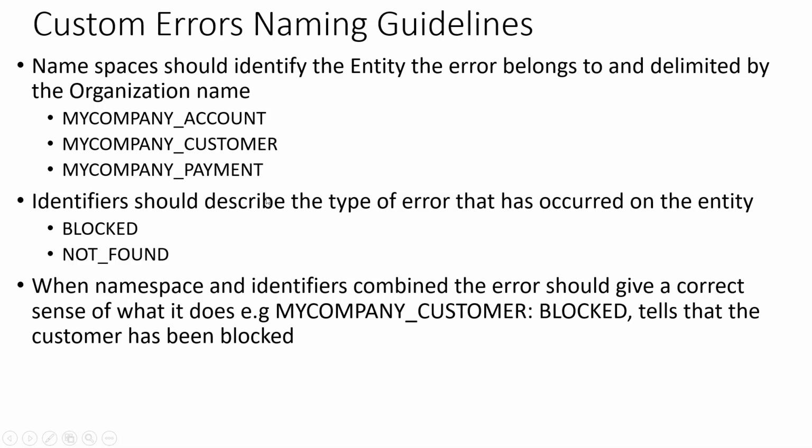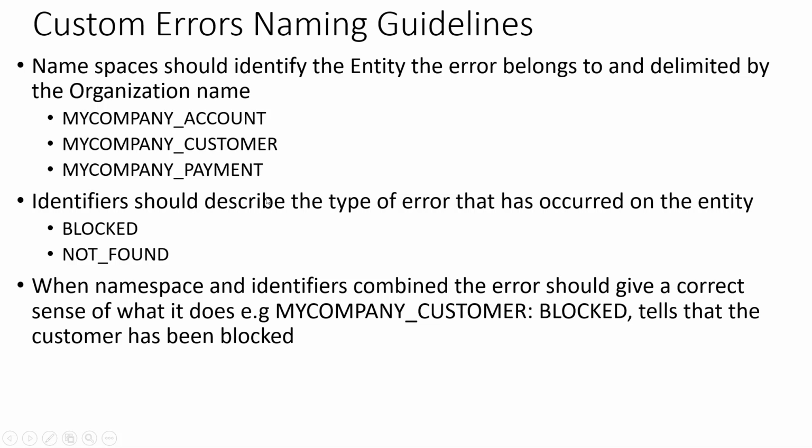Again, talking about identifiers, identifiers tell you what exactly is wrong with that entity. Suppose the customer is blocked, so you make an identifier as blocked, or he is a blacklisted customer, or in case there is an account, then account not found, which gives you an idea that this account ID number does not exist or something like that.